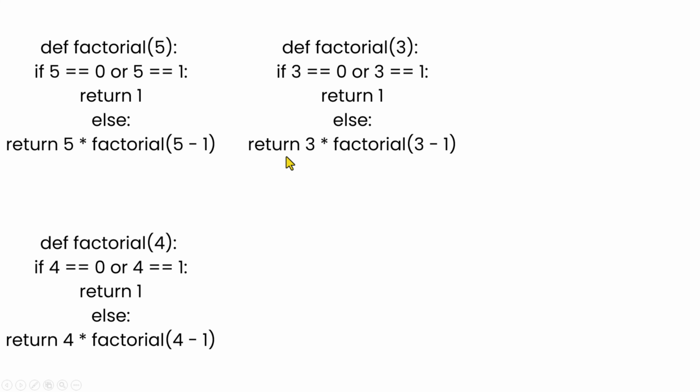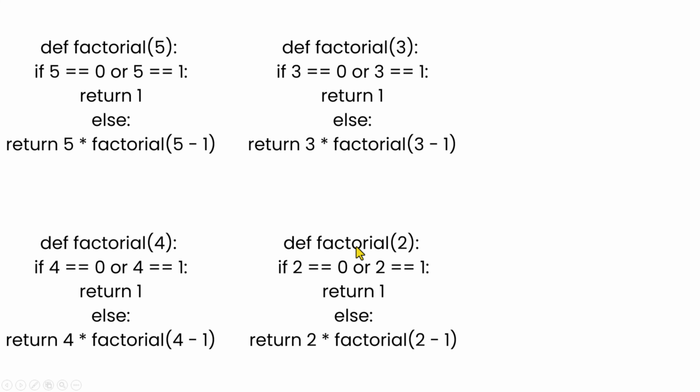In else we have written 3 into factorial of 3 minus 1. So now once again factorial 2 will be called. Here once again this becomes false and else will be executed. In else we have written 2 into factorial 2 minus 1, which is 1. So factorial 1 will be called now.